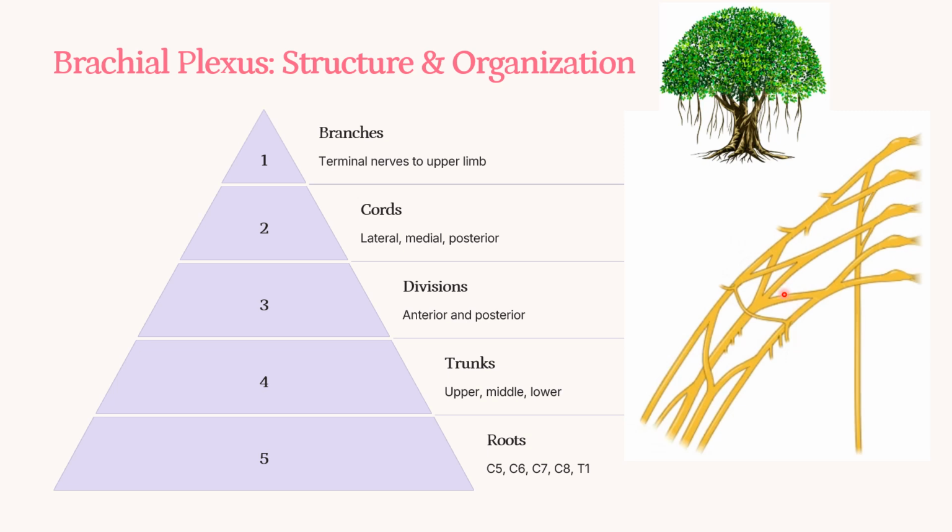I'm sorry, this is a posterior and this is the anterior division. All the three posterior divisions unite to form this cord, which is the posterior cord. The upper and the middle anterior divisions will form the lateral cord, and this forms the medial cord. So the cords will then give rise to branches.